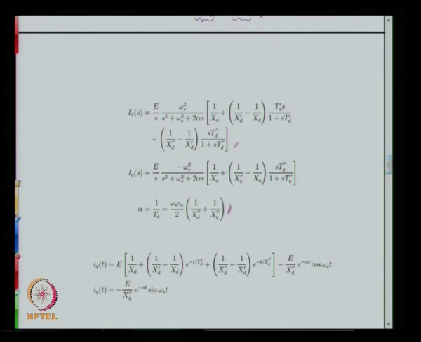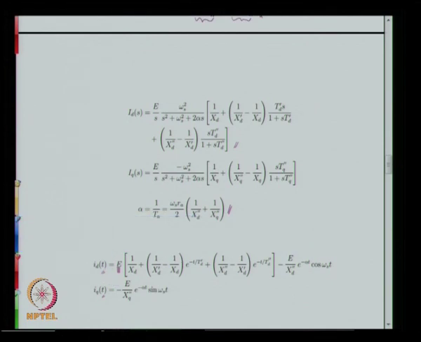Now, being Laplace transform expressions, these can be transformed into the respective equations as a function of time through the inverse Laplace transform route, which is fairly easy to see, and we end up with an expression for id and iq in this manner.